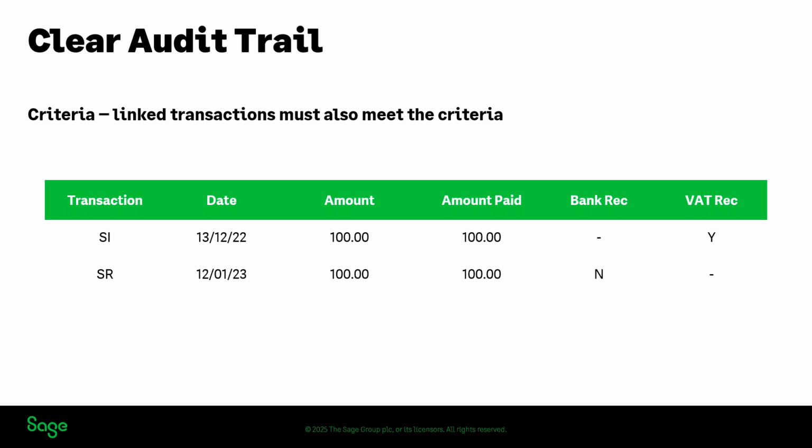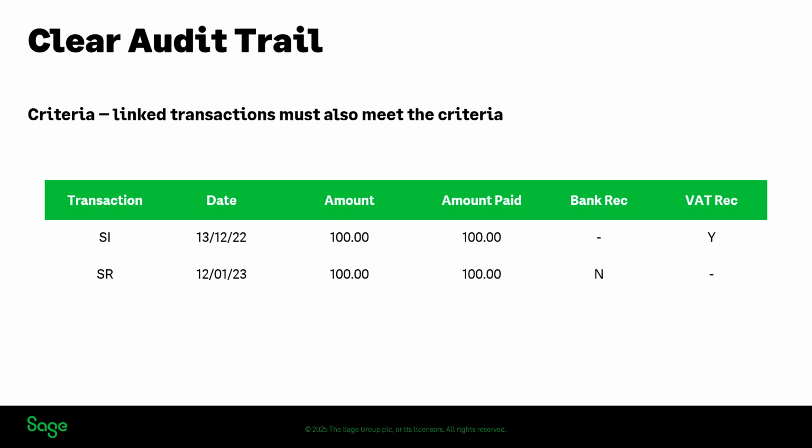The receipt against that one is dated January 2023, so in the following month. Again, for the full amount, it's not bank reconciled. It's not a VATable transaction in this case. It's the invoice that's VATable, not the receipt. Obviously, that can vary depending on your VAT schemes as well.